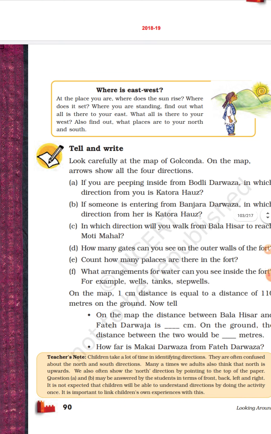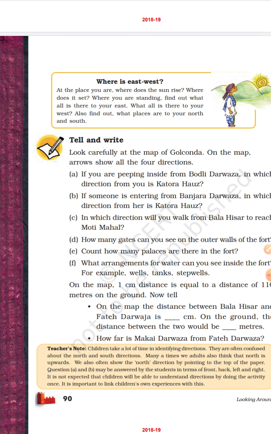So to locate direction, they used this technique, this method, that they face the sun, okay, where the sun rises, and this is how they located their direction.